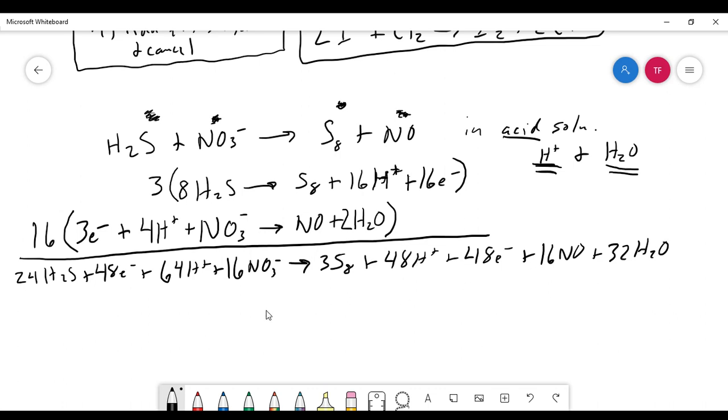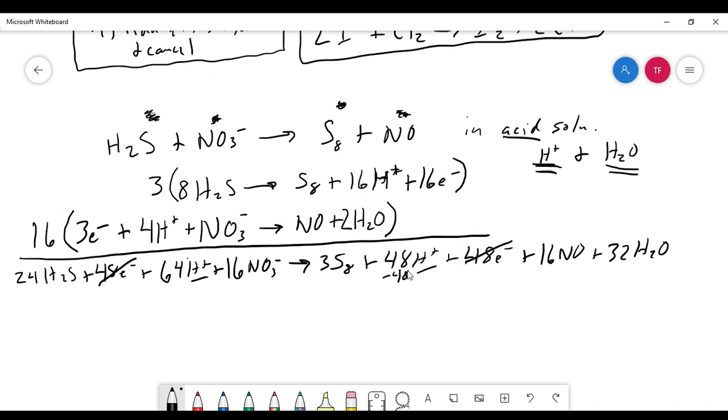Now we've got to start canceling anything on the left and right that's the same. We have 48 electrons on the left. They have to be canceled out with the 48 electrons on the right. Electrons always have to cancel. Is anything else the same? Do you see anything else on the left and the right? I see hydrogens here, hydrogen ions here, and hydrogen ions here. So we are going to cancel out what we can.